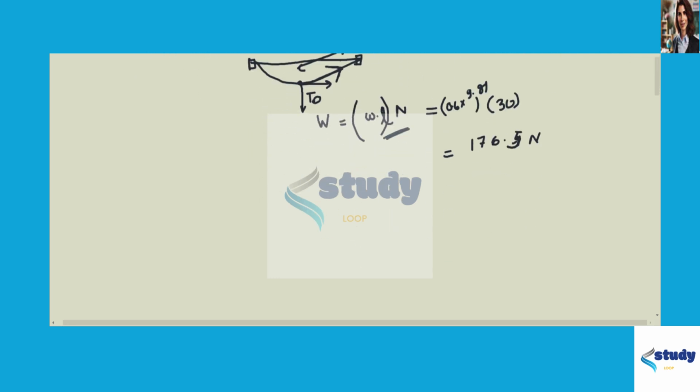So the maximum tension in the cable would be the resultant of this. So this is the weight, and to counteract the weight, there is a force acting here, which is the tension. So the resultant is the maximum tension, the resultant of the horizontal tension and this weight.